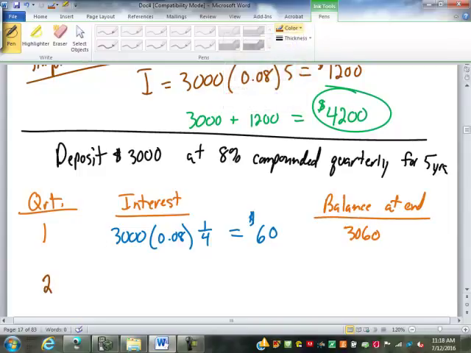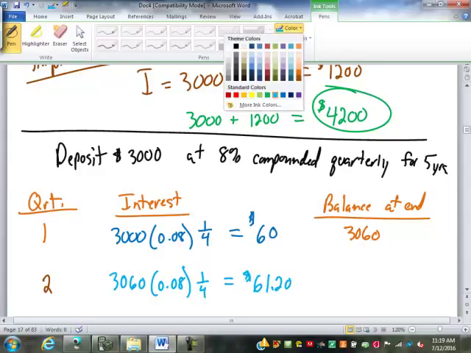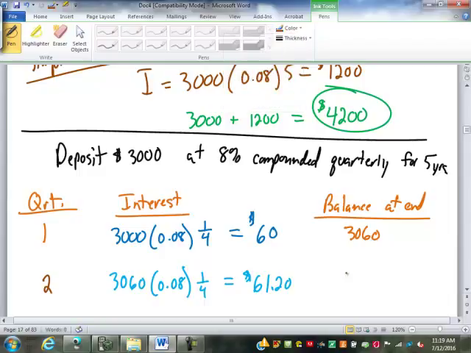Now in your second quarter, is your interest going to be 3,000 times 0.08? No, it's going to be 3,060 times 0.08 times 1/4, which is $61.20, right? Which means your balance is $3,121.20.